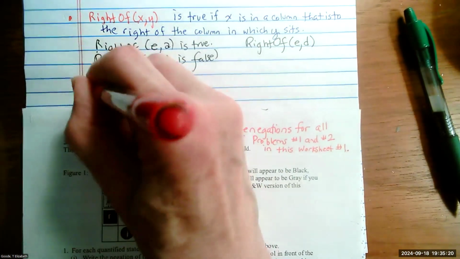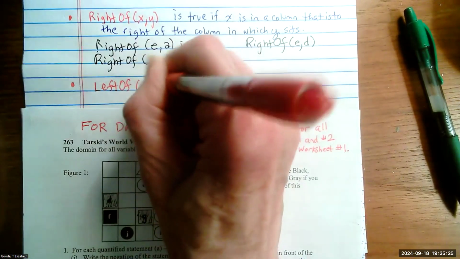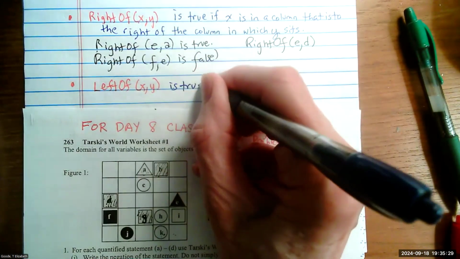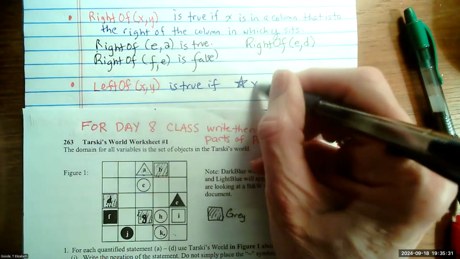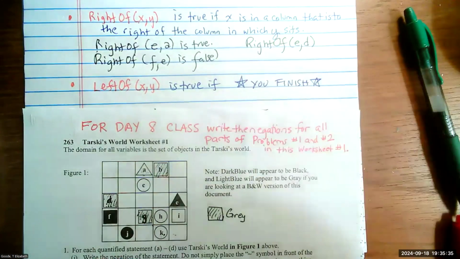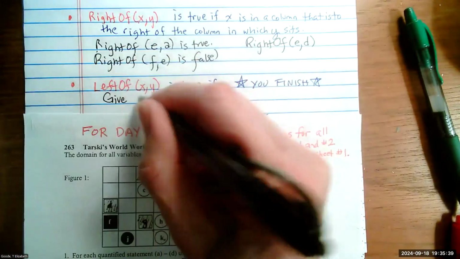And I'm not going to go through left of. I'll let you do that later, just as an exercise. Left of is true if, and you go ahead and finish that. You should be able to finish that statement, and give examples of some true and false left of statements.